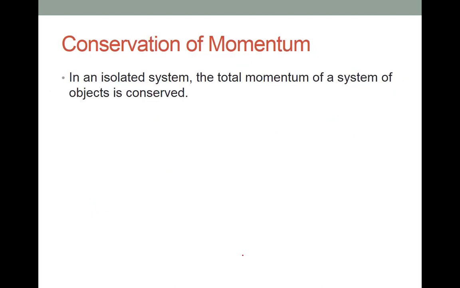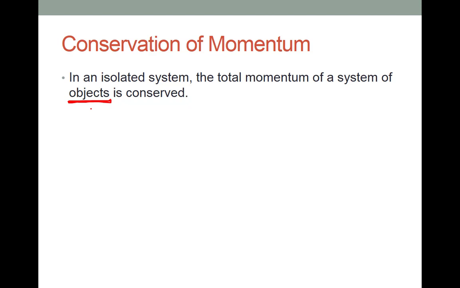So what conservation of momentum says is that in an isolated system, the total momentum of the system of objects is conserved. So notice, system of objects, conservation of momentum by necessity has to involve multiple objects unless you're dealing with like one object out in space interacting with nothing.